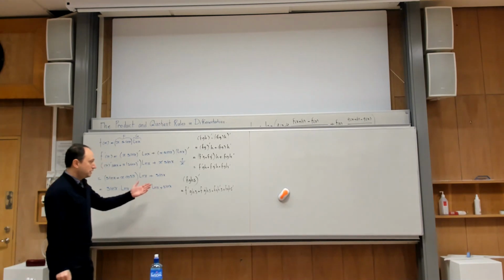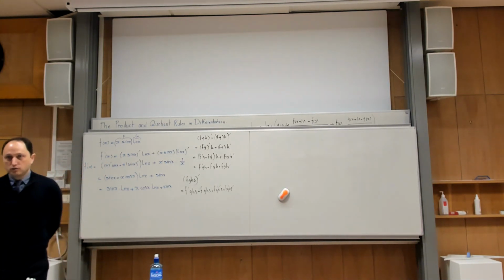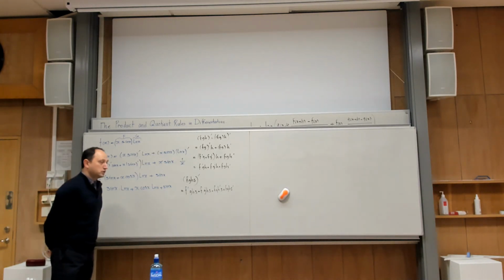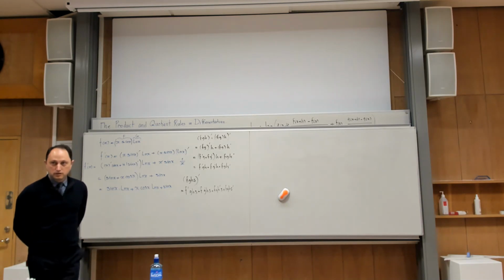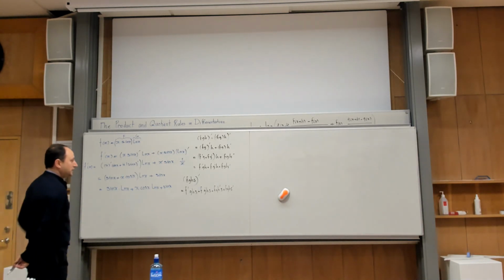That actually would be a very hard calculation because you have to do it, but that is it. So you have to do it if you want to differentiate the product of more than 2 functions. Yes, is that clear? So that was the natural question I was looking for.